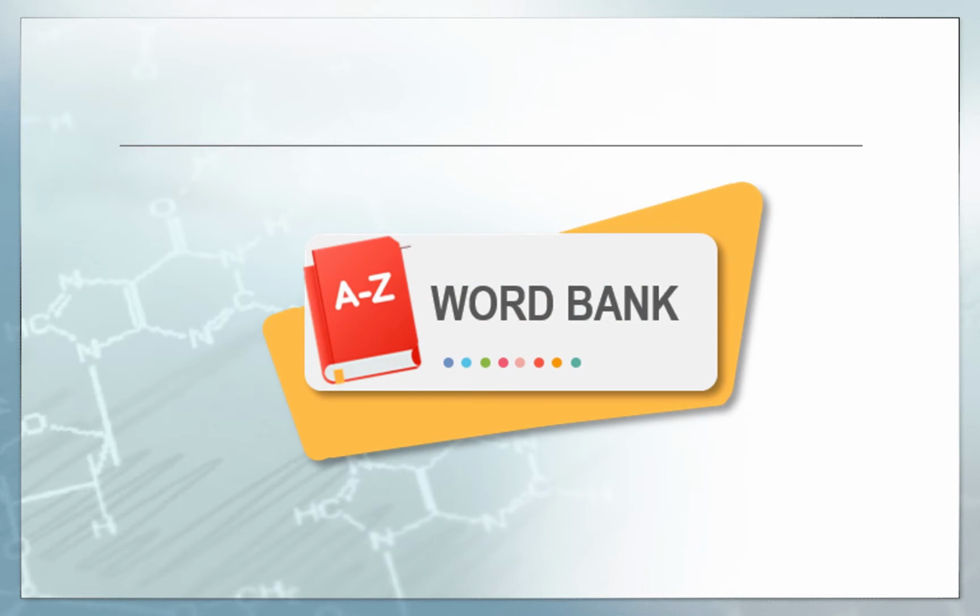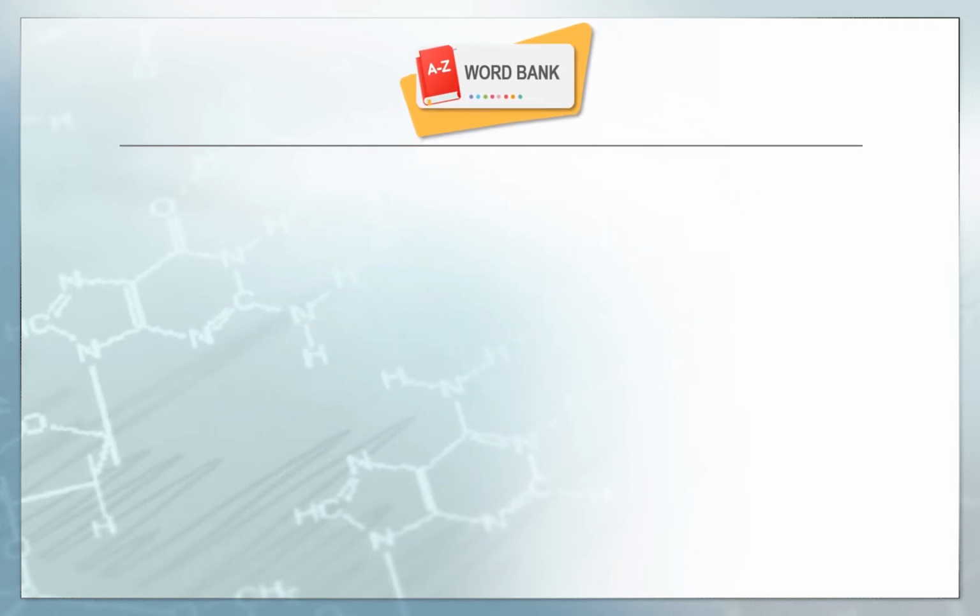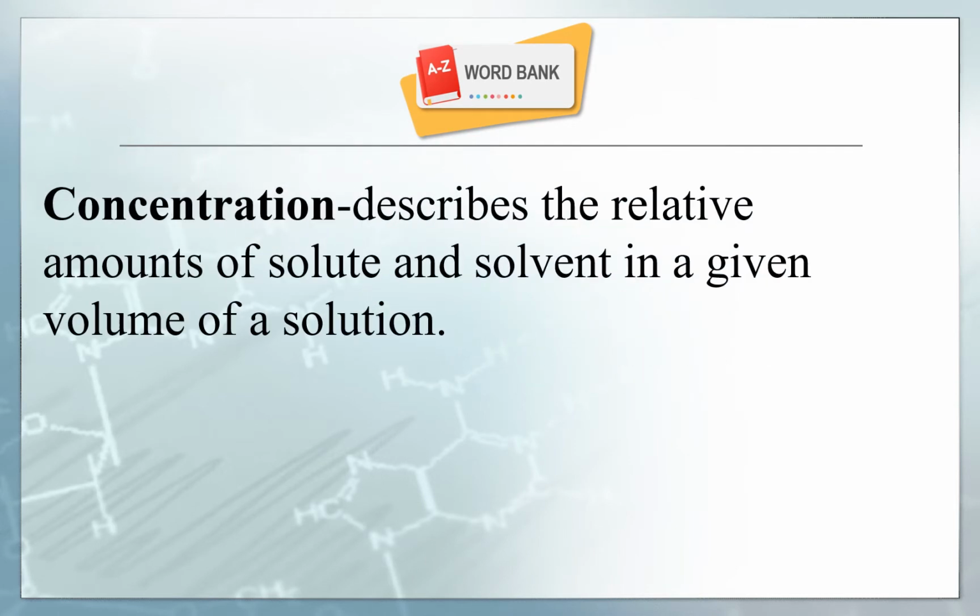Before we begin our discussion, let us unlock the following terms used in this lesson. Concentration describes the relative amounts of solute and solvent in a given volume of a solution.